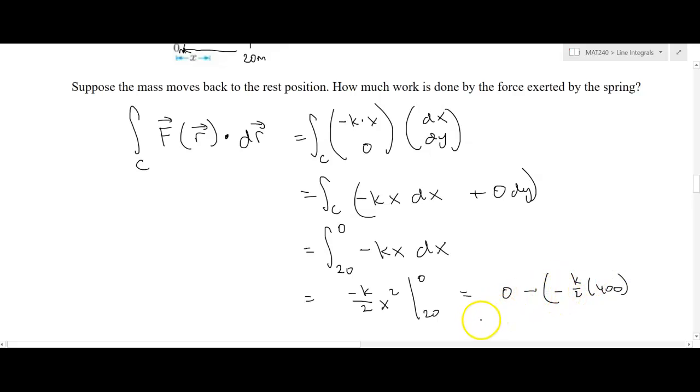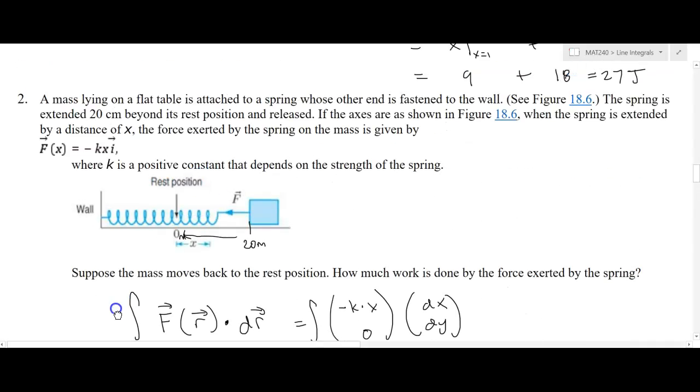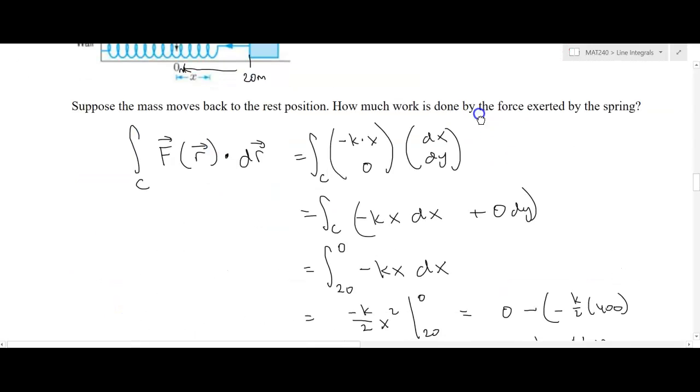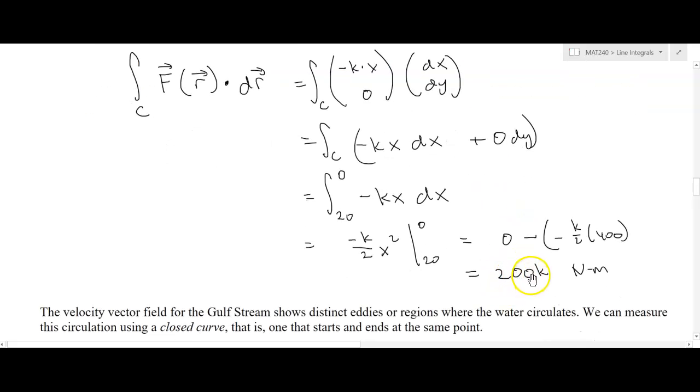Those negatives cancel. 400 over 2 is 200, which gives me an overall work of 200k newton meters, or joules. Notice that this number is positive, because k is a positive constant, so 200k is a positive number.